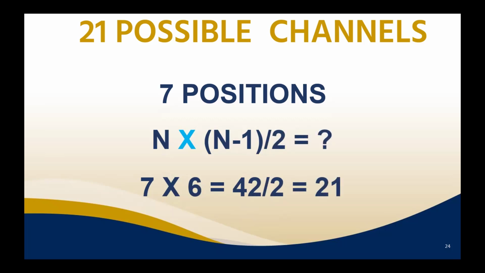You take the number of positions times the number of positions minus 1, so 7 times 6 is 42, divided by 2, and that gives you 21. If we went back to slide number 23, get ready to count. I'll go back there. Watch the arrows and count them as they move. There are 21 different potential channels of communication now in the marketplace.